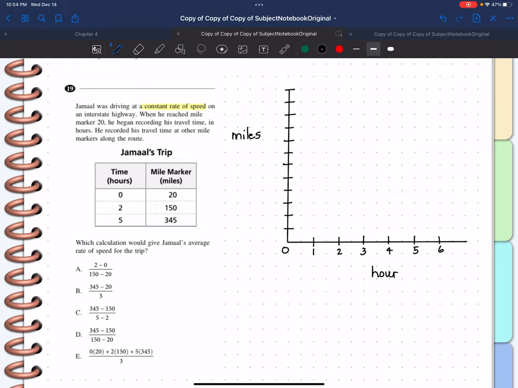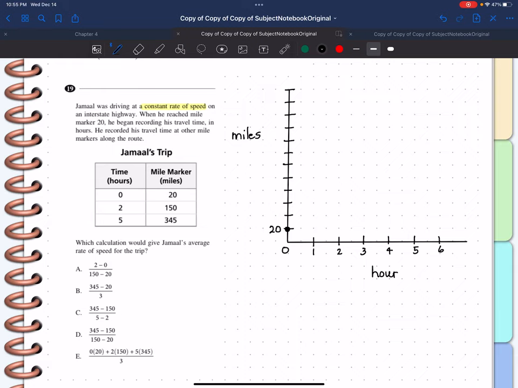And then I'm going to go ahead and plot what it's telling me. So at 0 hours, he started tracking his speed. He had traveled 20 miles before he started this process. So the first point on this graph is 0, 20. This is the y-intercept.